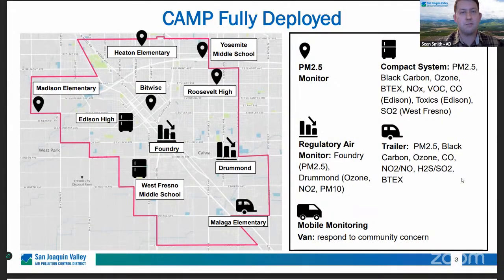We also have compact air quality systems called AirPointers that can do multi-gas as well as the PM 2.5. And then we also have a trailer that's at Malaga that can do various gases and PM 2.5. And then for your reference, we also have the Foundry and Drummond regulatory sites. They're not part of the CAMP team instrumentation, but they're there just for your reference of where their locations are approximately inside that South Central Fresno region. Slide, please.